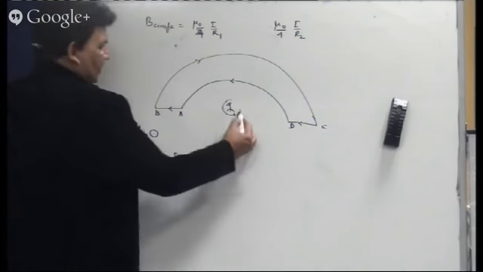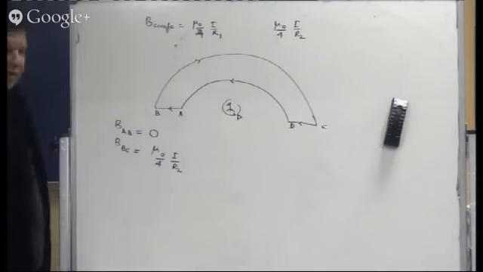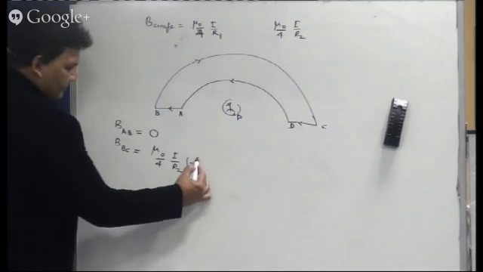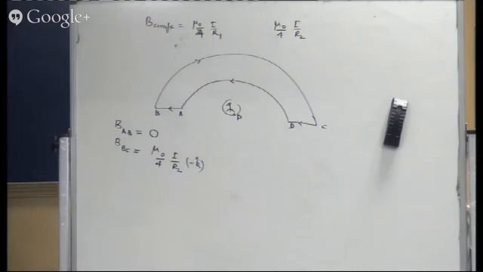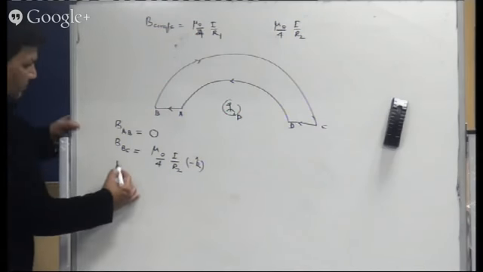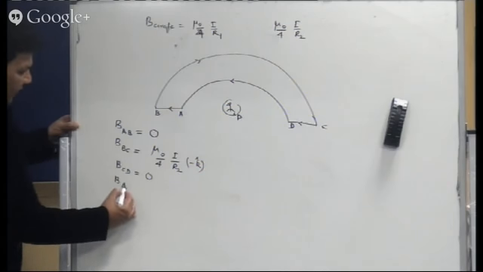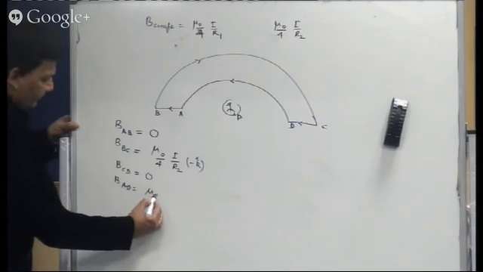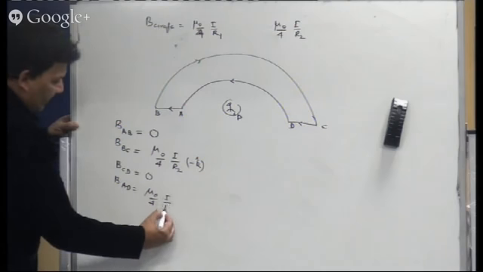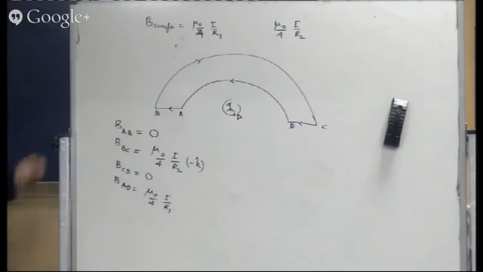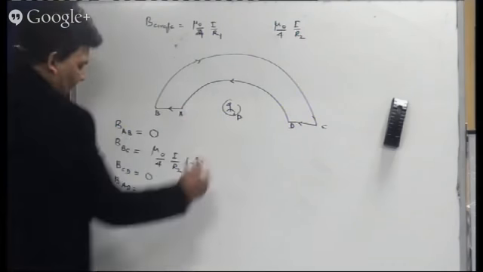If you are sitting here, this direction is clockwise. And B due to CD will be 0. And B due to AD will be I by plus minus. You sit here, this is anti.